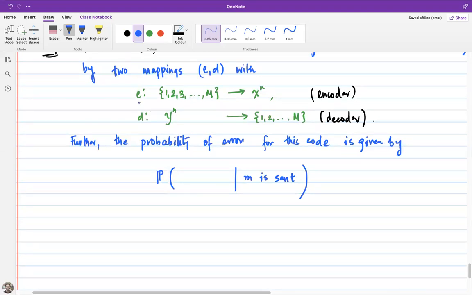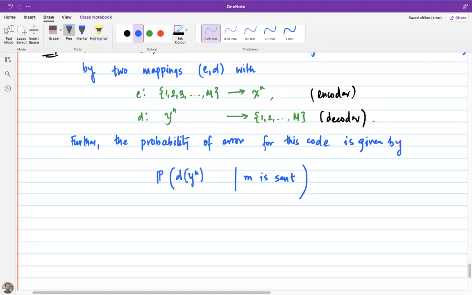So in the communication block, after encoding you essentially send E of m, and then on the reception through noise, the receiver gets Y1, Y2, and so on as the output, and sends it over to the decoder to find this output D of Y^n.